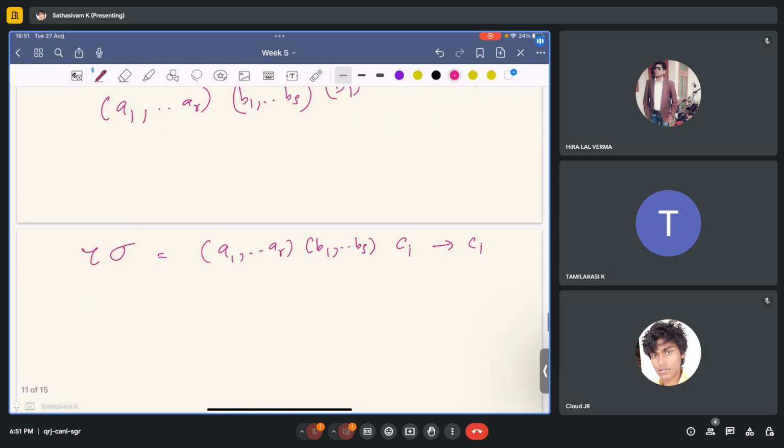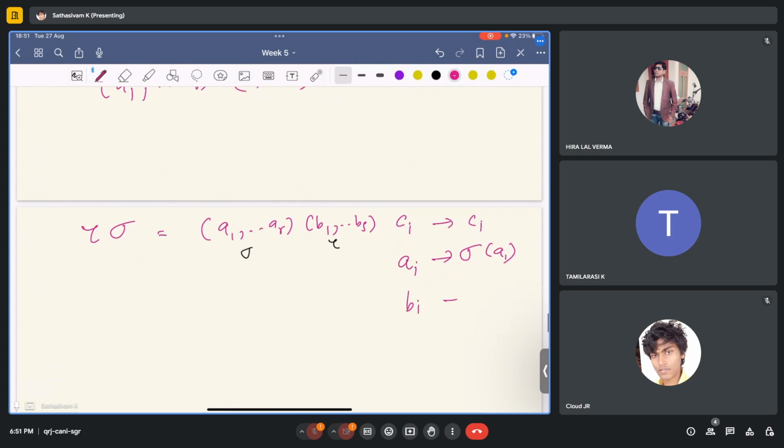Then what happens to AI? Again, recall this is sigma, this is tau. This AI is not inside this set, and this tau only permutes these elements, right? Since AI is not there, only sigma will permute the AI. So this will go to sigma of AI.